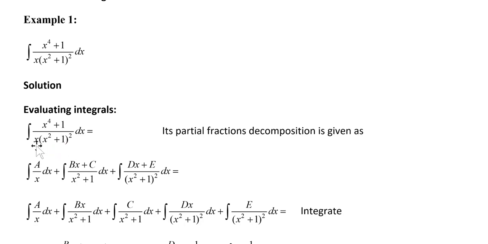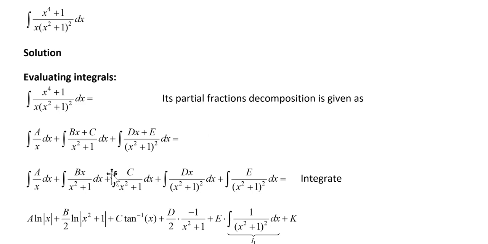So we start with case 1 in the partial fraction decomposition: A over x, plus, with x squared plus 1 the numerator is Bx plus C, and then the next denominator is the quantity x squared plus 1, all squared, and the numerator continues with the alphabet, Dx plus E.